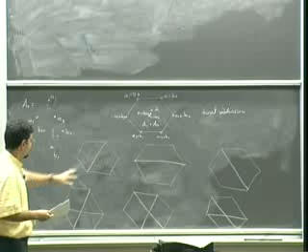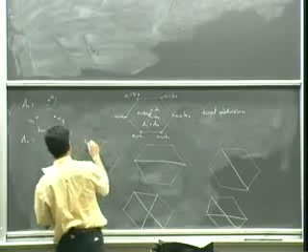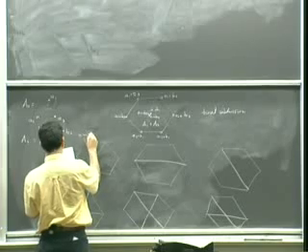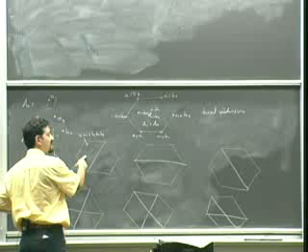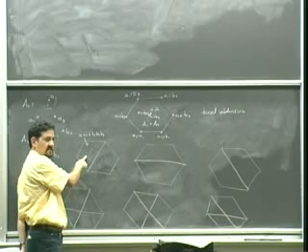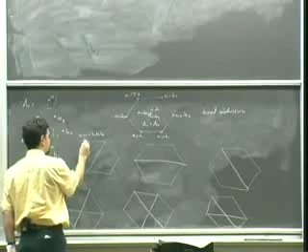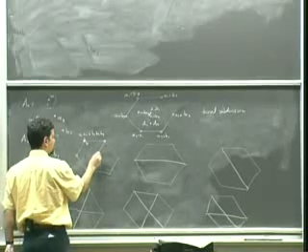And let's do it at least for this one. This one is A1, A2 plus B1, B2, B3. So this cell consists of six points, 1, 2, 3, 4, 5, and 6.